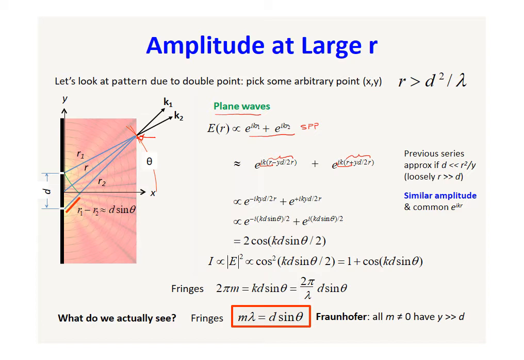Now you might say, well, it's not constant, right? Because we're going to vary y. And isn't r a function of y? Well, yeah, it is. R is a function of y. It's equal to the square root of x squared plus y squared. But y squared is very, very much smaller than x squared, because we're viewing a long way away.